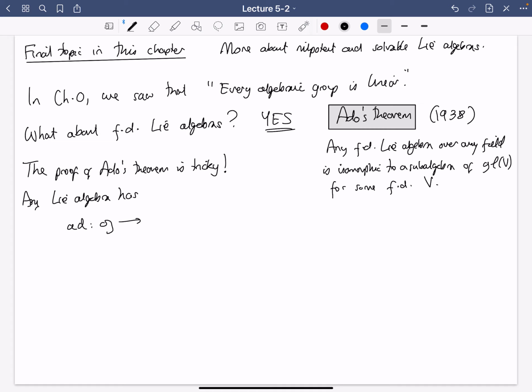It takes G to the general linear Lie algebra on the vector space G. And the kernel of this, sending x to ad x, where ad x is the endomorphism of G defined on y by the Lie bracket.